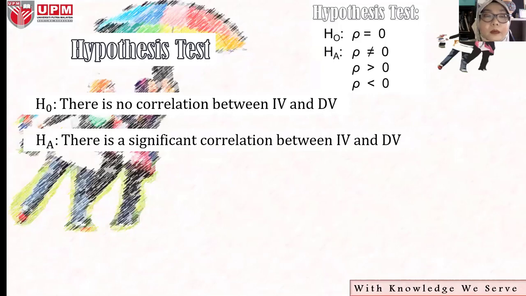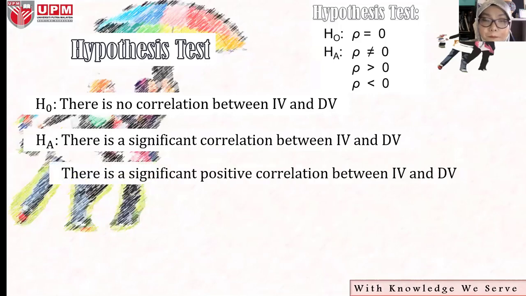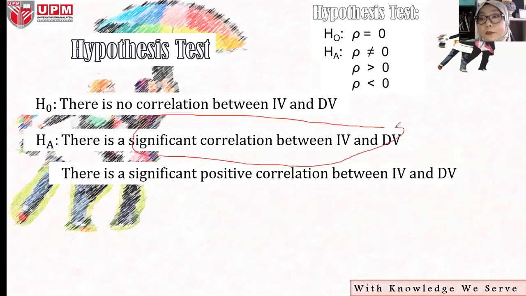This one is a non-directional hypothesis, because I do not mention the direction of the relationship. But the second one, there is a significant positive correlation between IV and DV, refers to a directional hypothesis.